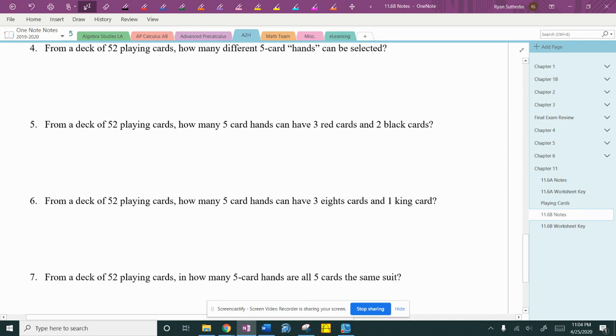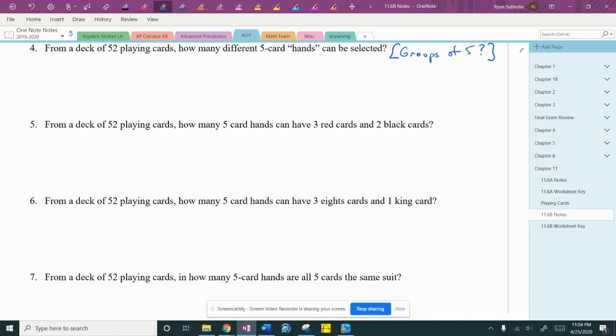So let's start with number 4. From a deck of 52 playing cards, how many 5-card hands can be selected? So a 5-card hand in a game of cards just really is asking, how many groups of 5 are there? That's all they're asking. Now, the order you get the cards does not matter.